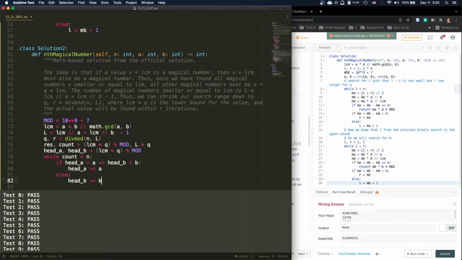They start with the same, and then we're gonna add one. So always we're gonna add. So head A always add. Okay, so head A. Okay, head B equals this.